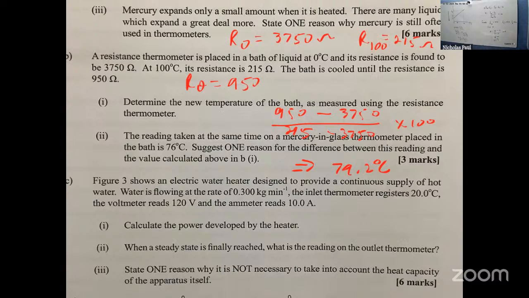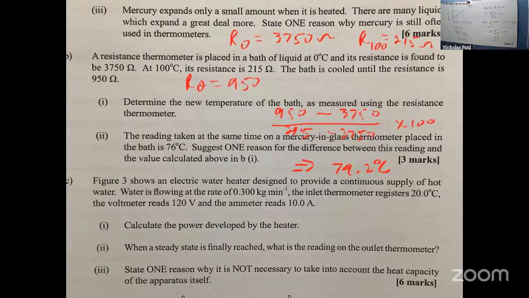But here's the next reason. We're using two different thermometric properties, correct? One is resistance and one is the change in volume of mercury. So mercury expands and the resistance thermometer gives you resistance values. Different thermometric properties vary slightly with temperature, so they don't vary in exactly the same way.